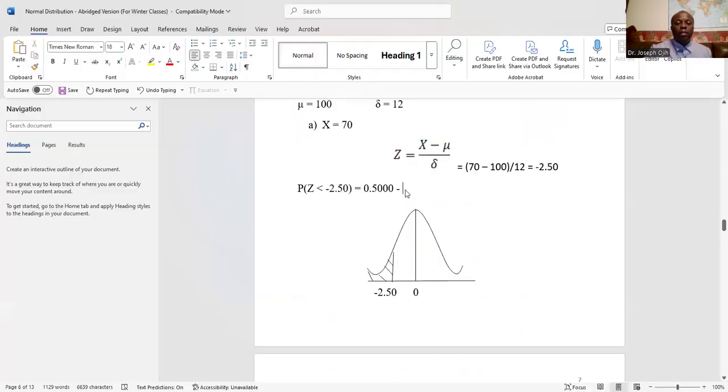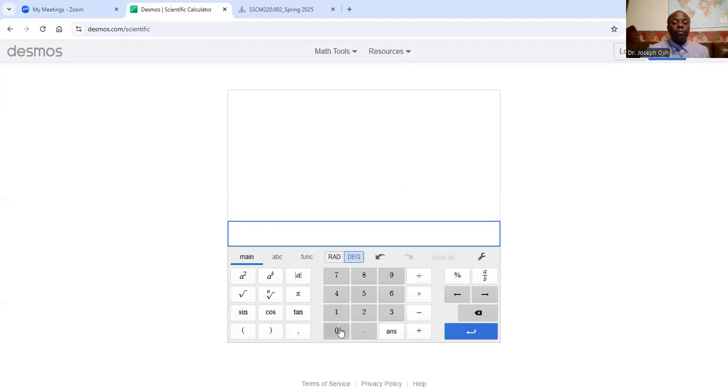So we got 0.4938, and from the calculator we get 0.5000 minus 0.4938, which gives 0.0062.